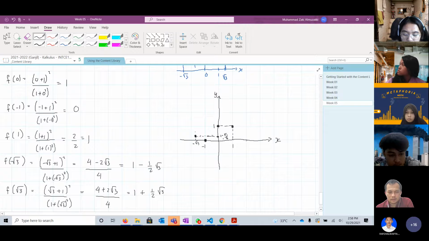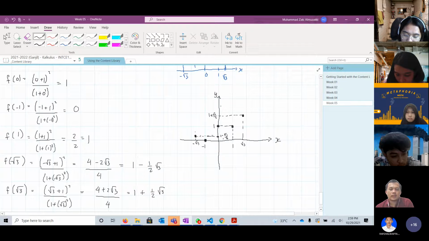And then at positive square root of 3, we have somewhere here. This is 1 plus square root of 3 over 2.